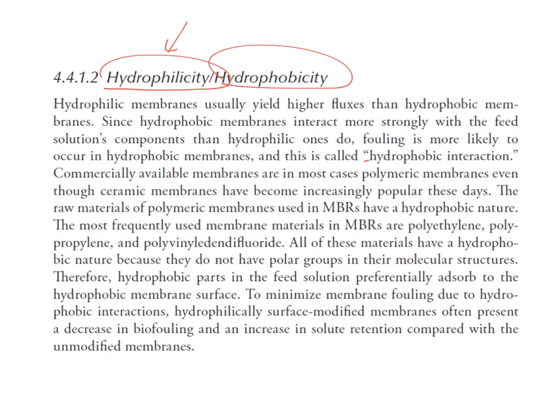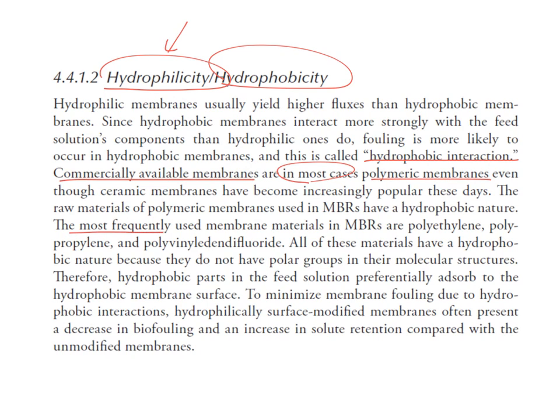So the hydrophobic interaction, which happens between a hydrophobic membrane and a hydrophobic foulant, is a key factor affecting the fouling problem. Commercially available membranes are in most cases polymeric membranes, and they are more like hydrophobic.